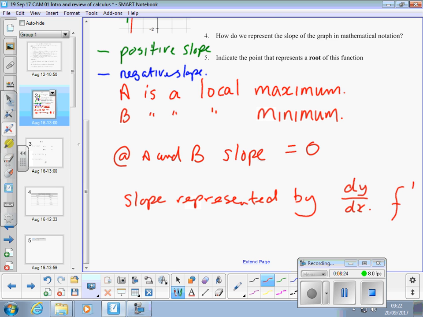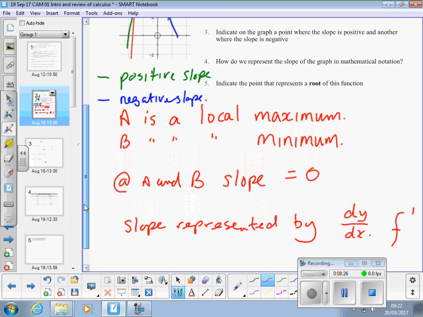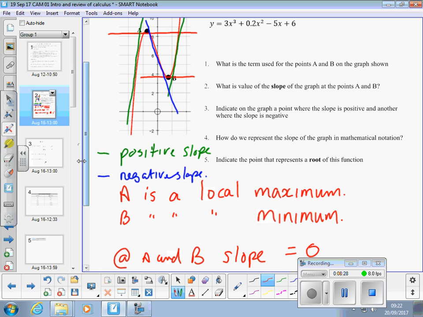Okay, and then lastly, indicate a point on the graph that represents a root of this function. It's where, not quite, where it crosses the x-axis, yeah. The root is the value of x, and there may be more than one, when y is 0 in this case.